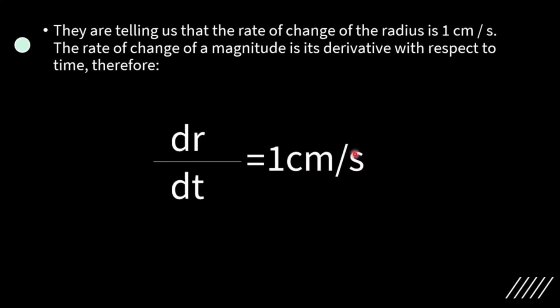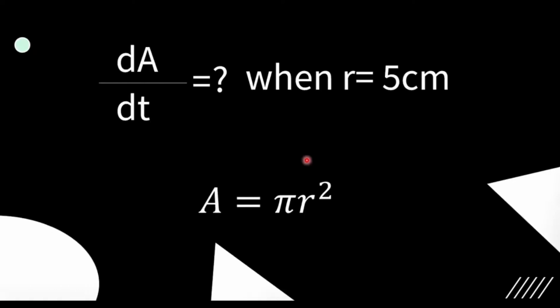Then, what do we have to do after this? They are asking us the rate of change of the area of the circumference when r is equal to 5 centimeters. That is the derivative of the area with respect to time. With that, we have two things: the derivative of the area divided by the derivative of the time when the radius is equal to 5 centimeters.